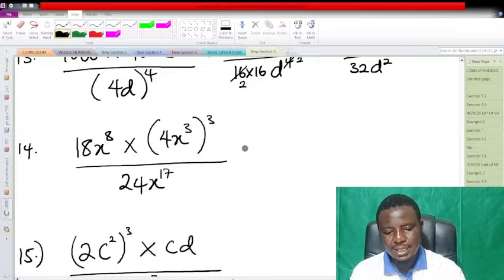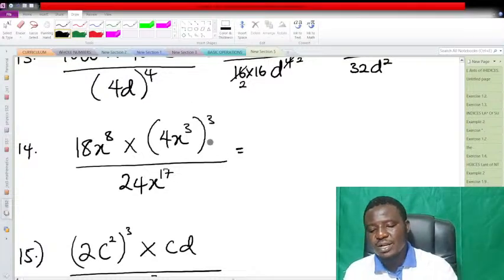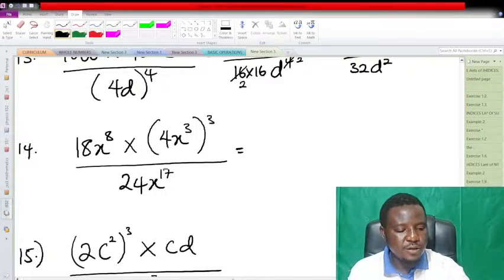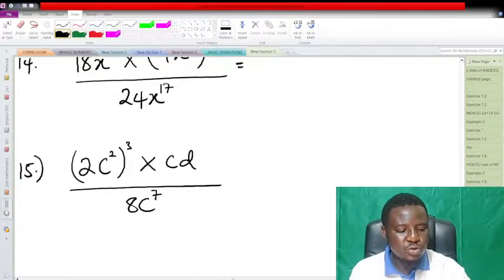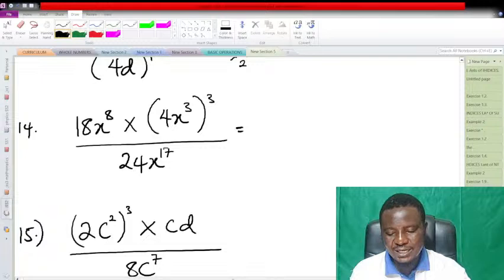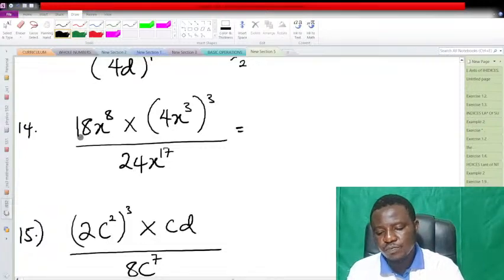Question 14, I'll also simplify the numerator, simplify the denominator, and then if anything is common at numerator and denominator, I can then divide. This is equal to, at the numerator, 18 times 4 into bracket.